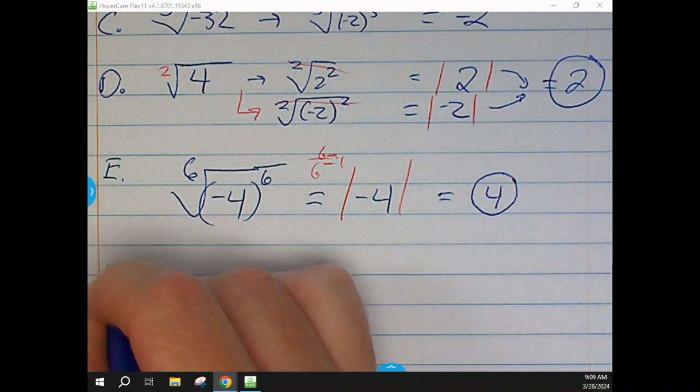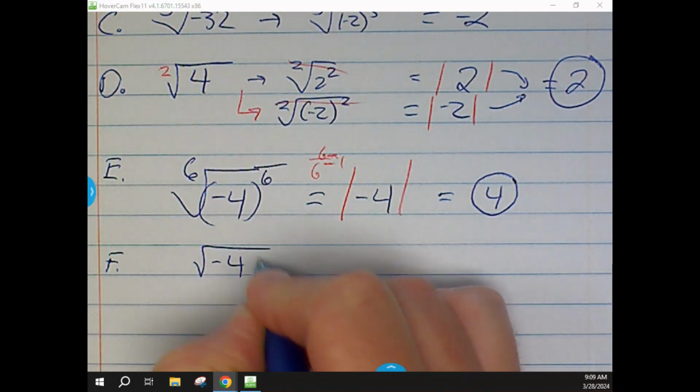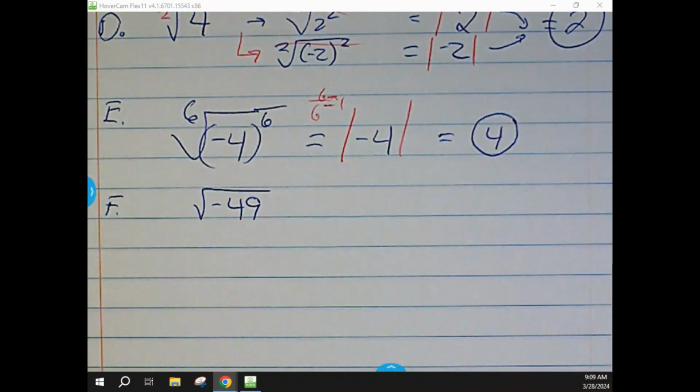All right. Now, let's take us back a little bit. What happens if it's the square root of negative 49? Again, we're not doing imaginary numbers. Everything needs to be real answers on this one. So think back to before, when we did all the imaginary numbers. What was our answer if we did the square root of negative 49?